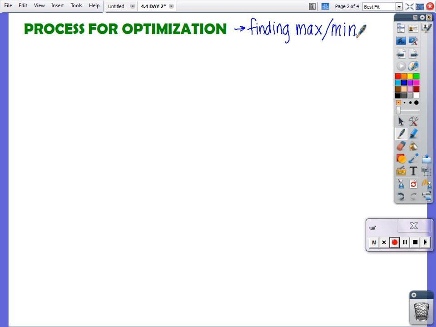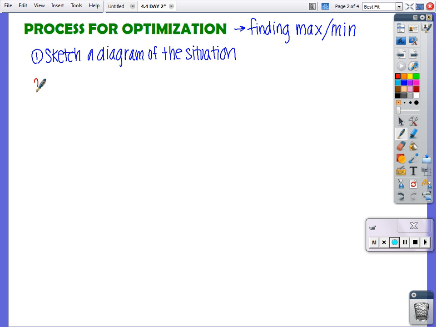The first thing you really want to do is, if you can, sketch a diagram of the situation. And sometimes you just can't or you don't need to. Secondly, what function are you optimizing?